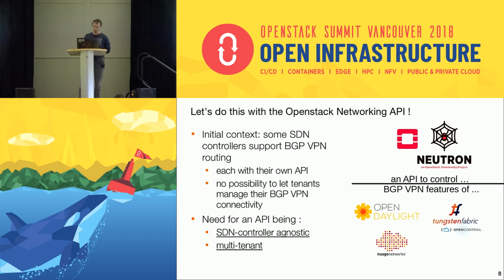So we needed an API being SDN controller agnostic and multi-tenant. So an API in Neutron to control BGP VPN features of the various, the set of SDN controllers supporting BGP VPN features. So that's one key part, API related.